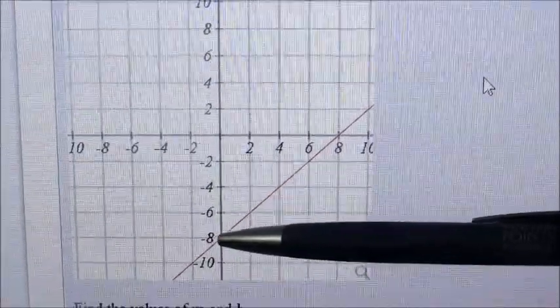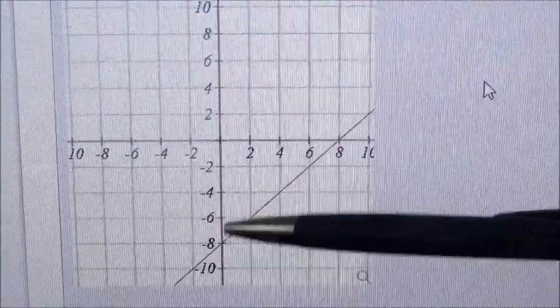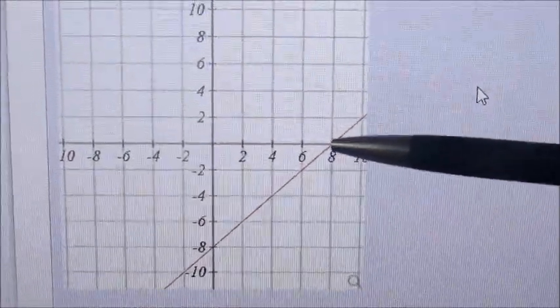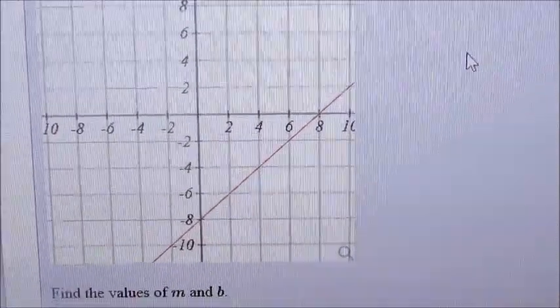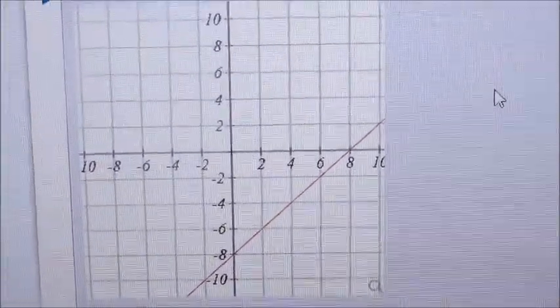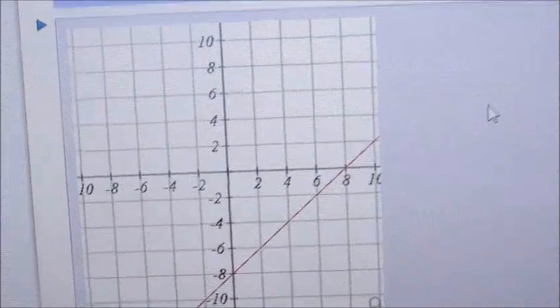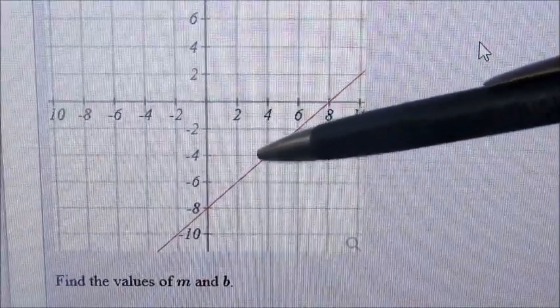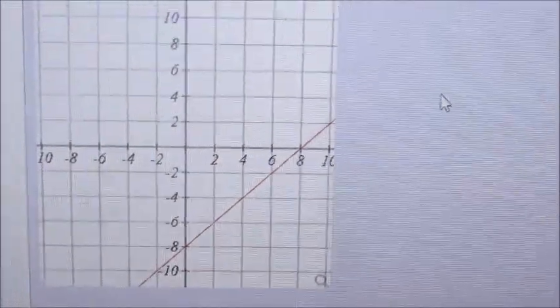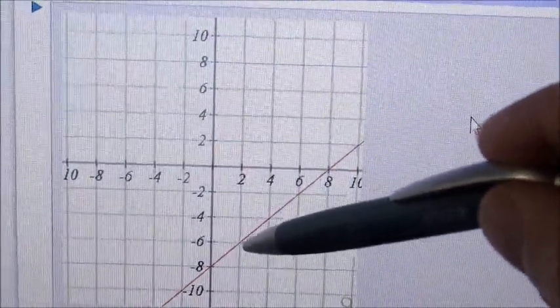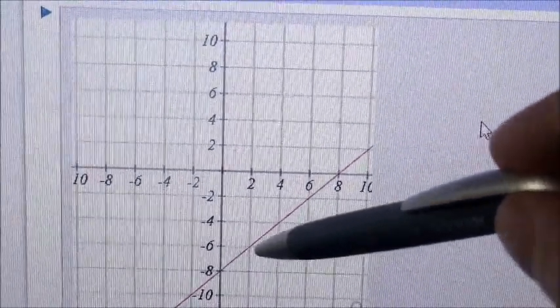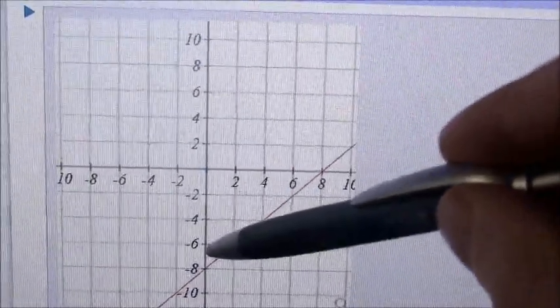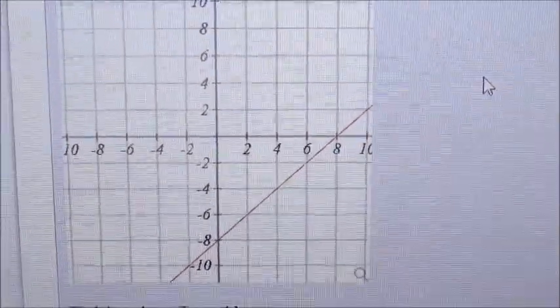So here at 0, -8, and here at 8, 0. They're exactly on the crosshairs here. So we can use those 2 points. We could also use this point every time that's on the crosshairs. So I'm just going to do this first one here, because as we see, it's on 2, -6.